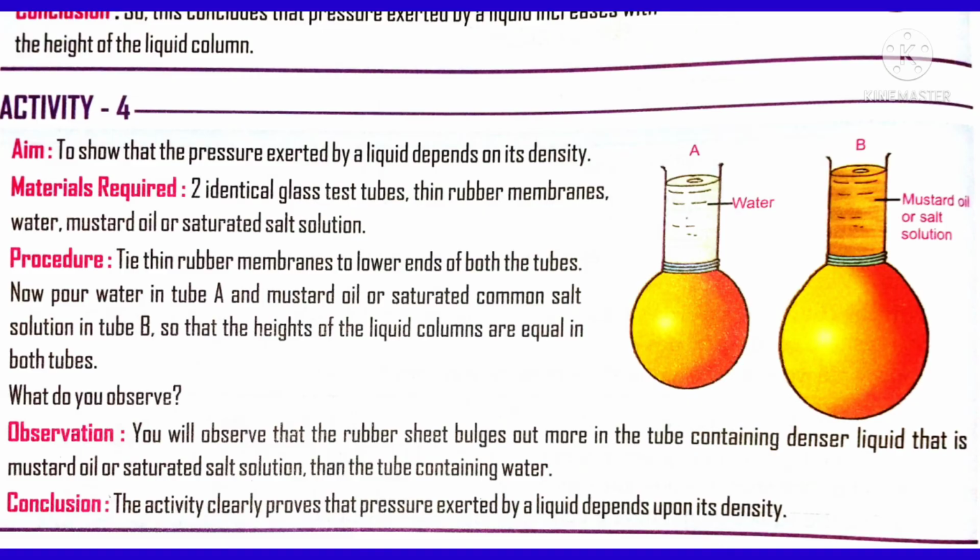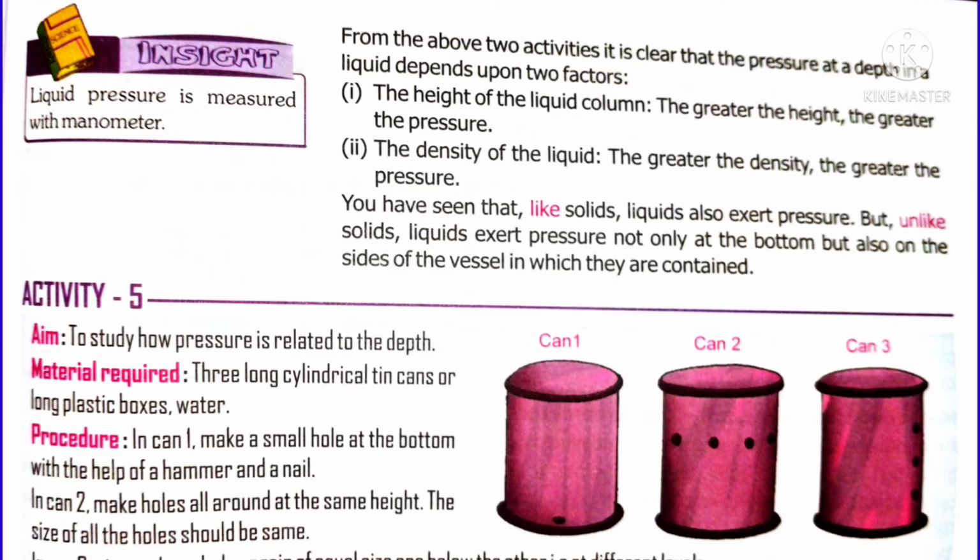Here is activity 5 to show upward pressure, downward pressure and lateral, that is sideways, pressure exerted by the liquid. In this activity you require long cylindrical tins and water.